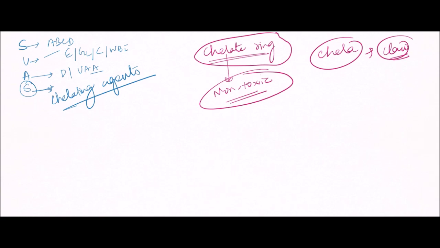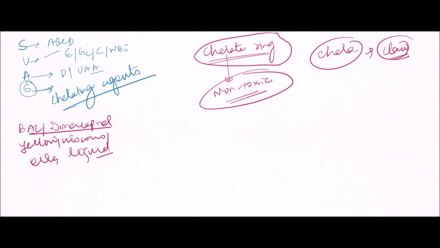The first chelating agent is British anti-lewisite, or dimercaprol. It is a yellow, viscous, oily liquid having a sulfurous odor, similar to sulfur.